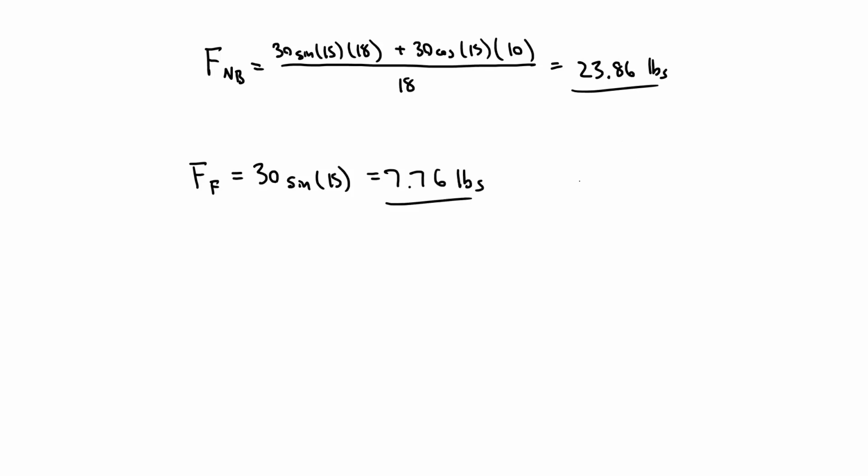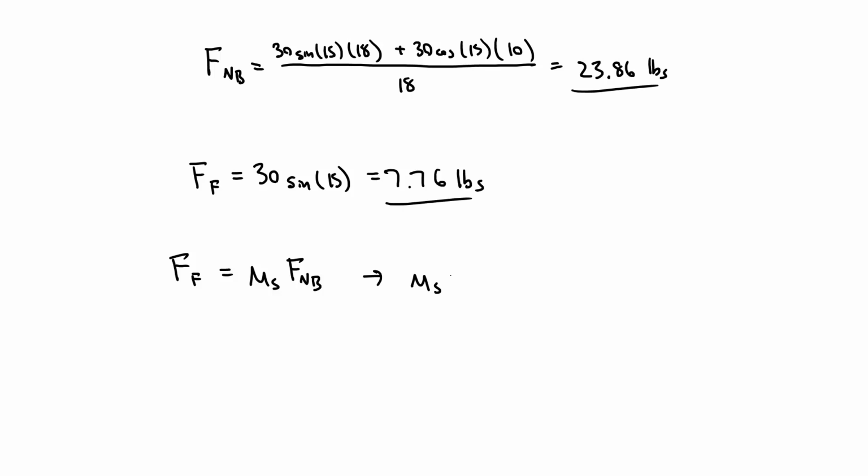And with that, I actually can figure out what my coefficient of friction is, because if we are assuming impending motion, the friction force is just barely enough to hold this up, so my friction force is going to be mu static times FNB. I'm just using FNB because friction only exists at that front piece.